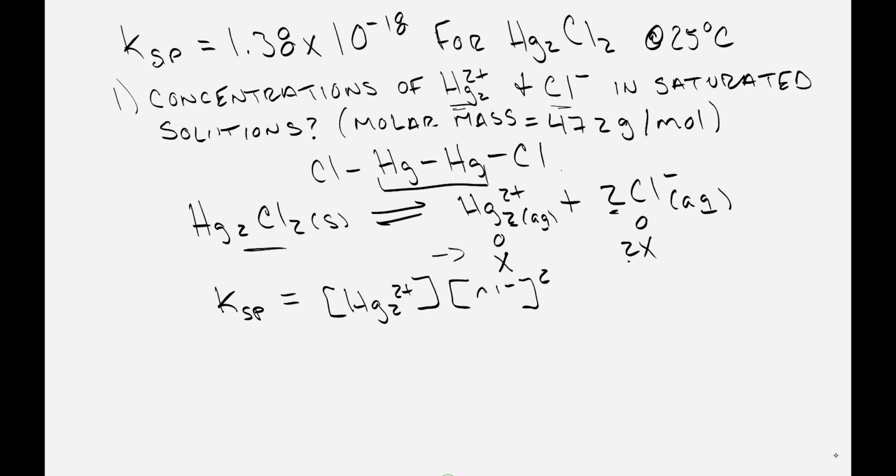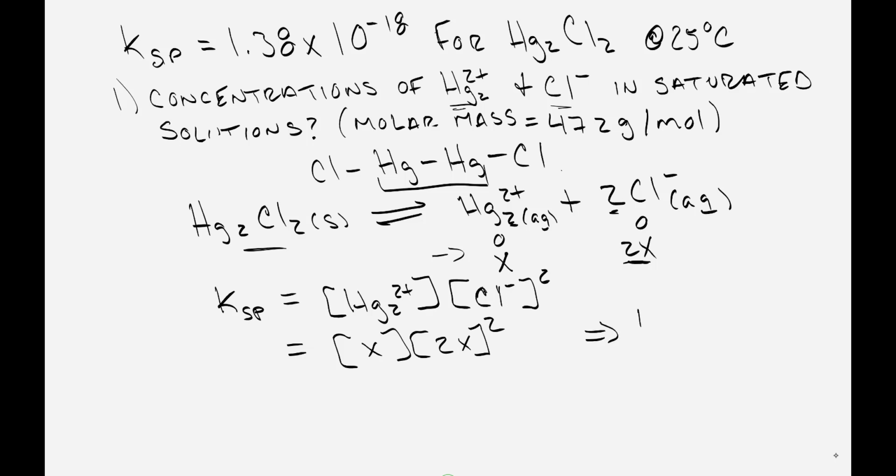And this is actually taking into account the stoichiometry, the coefficients involved in the breakdown of this compound. So now next step, go ahead and write it with our x's in it. x and 2x squared. And now let's simplify that.